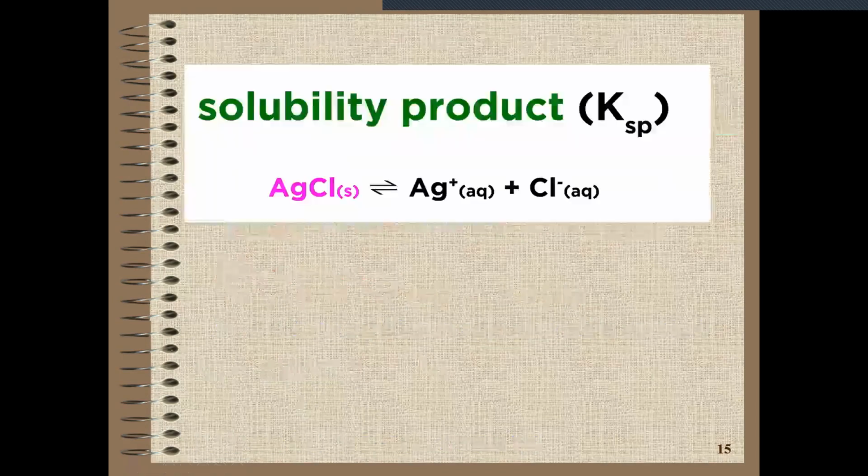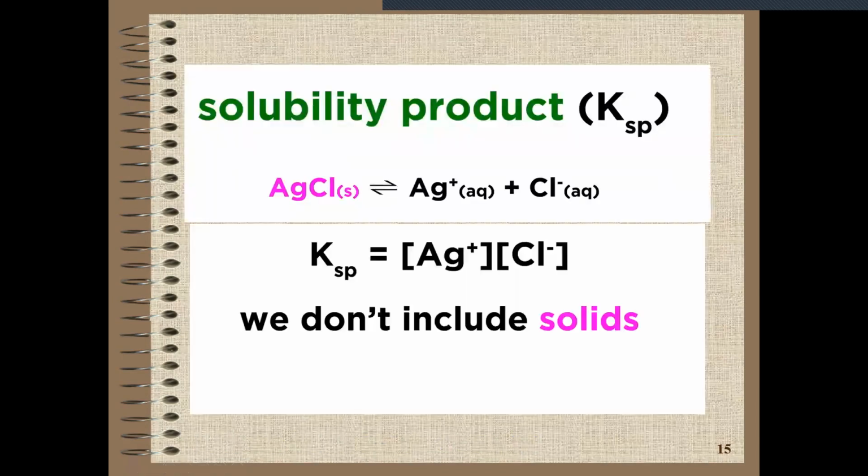Okay. So the first thing you have to be able to do is know how to write a KSP expression. So if I give you this equation right here, by the way, can you see my pointer? Yes. I say, okay, what's the KSP expression? You just take the concentration of each product raised to the power equal to each of their coefficients.